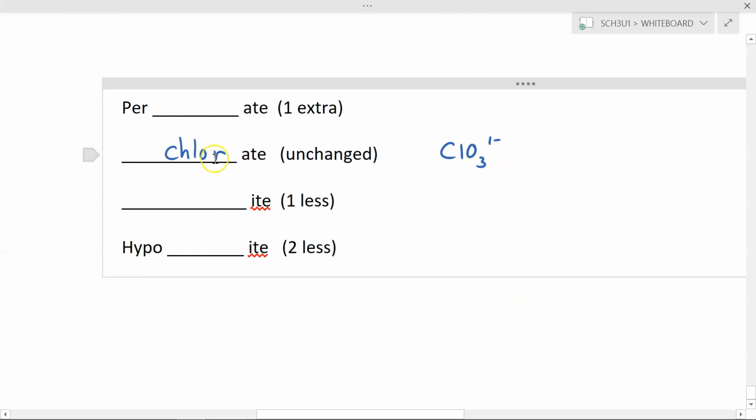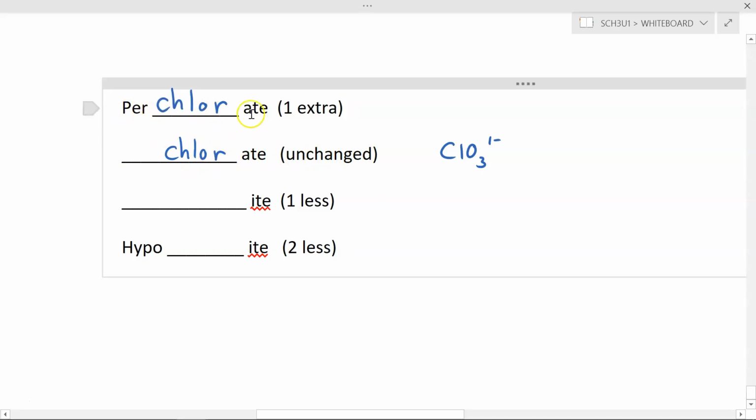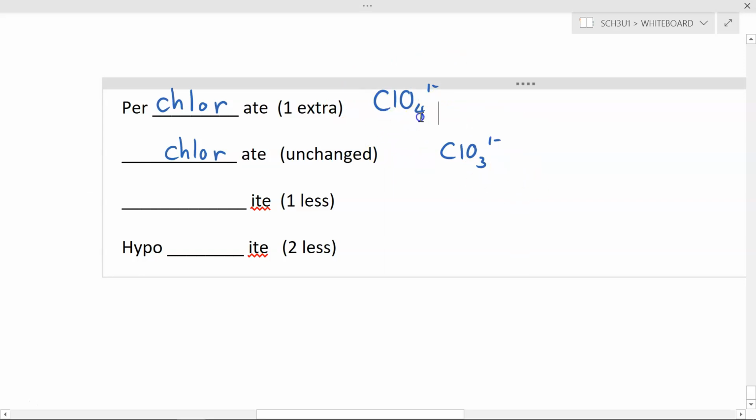So I'll just write that as chlorate, and that's unchanged from the polyatomic that you're used to. But if I add a per as a prefix, so now it says perchlorate, that means I have 1 extra oxygen than I normally would have from chlorate. So now it's a ClO4 instead of a ClO3. Now the valence charge doesn't change because it's still part of the same family, but now you have a ClO4 for perchlorate.